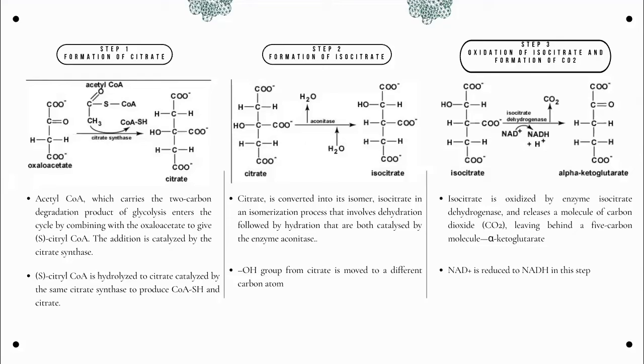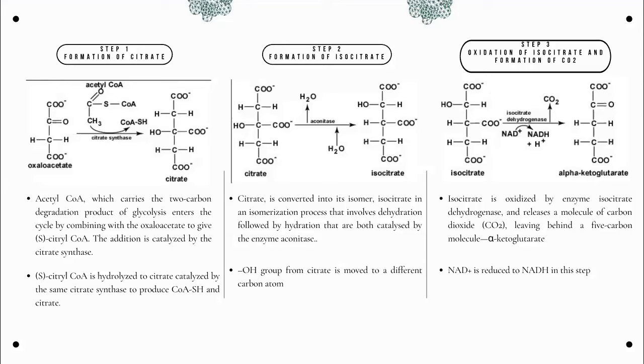Moving on to step 3, isocitrate is oxidized, producing a 5-carbon molecule alpha-ketoglutarate together with a molecule of carbon dioxide and 2 electrons, which reduce NAD+ to NADH. This step is also regulated by negative feedback of ADP and NADH and by a positive effect of ADP.